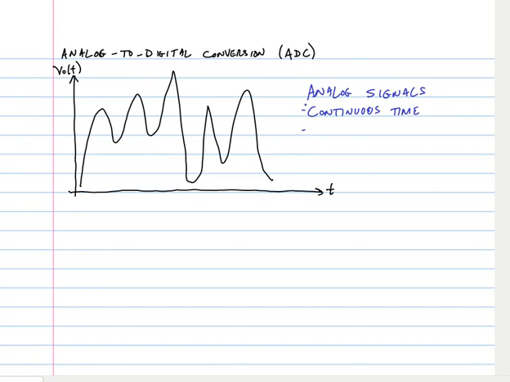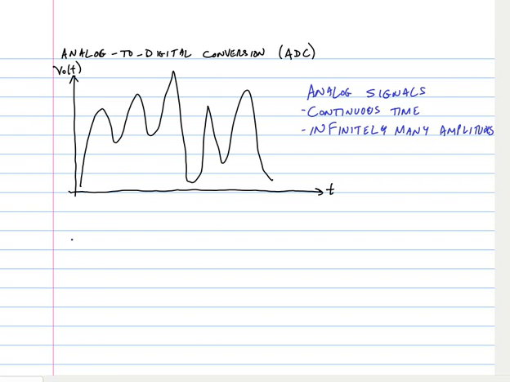And these signals also have infinitely many levels, or infinitely many amplitudes. In other words, I can hear every individual point between as sound as the signal traverses this curve.